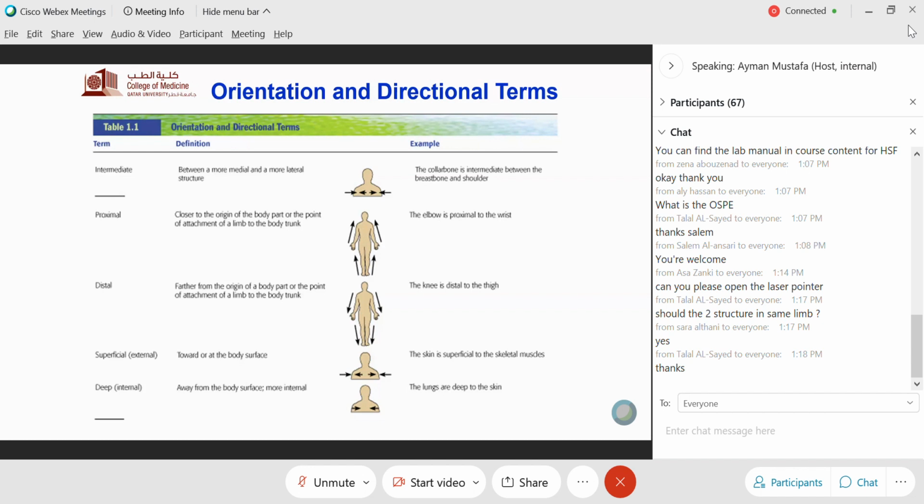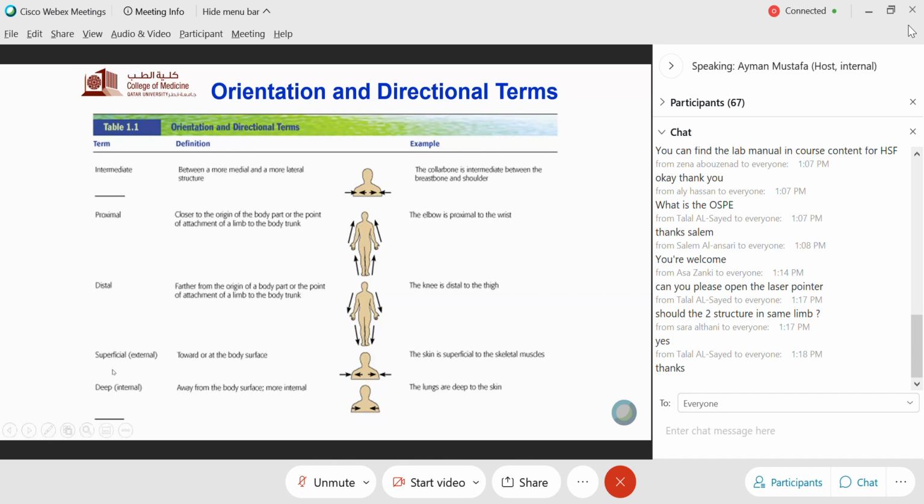If I'm comparing the knee in relation to the thigh, I'm going to say the knee is distal to the thigh. So with structures in the upper and lower limbs, we use proximal and distal to describe their location in relation to the root of the limb.